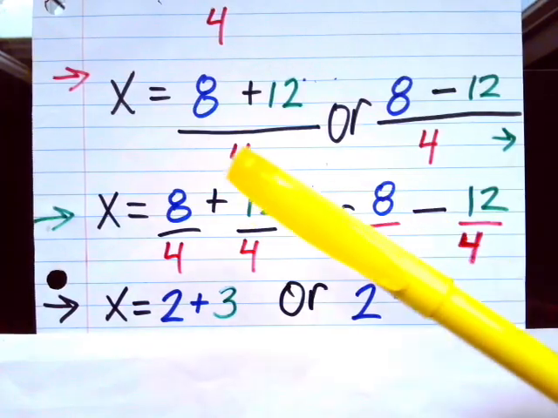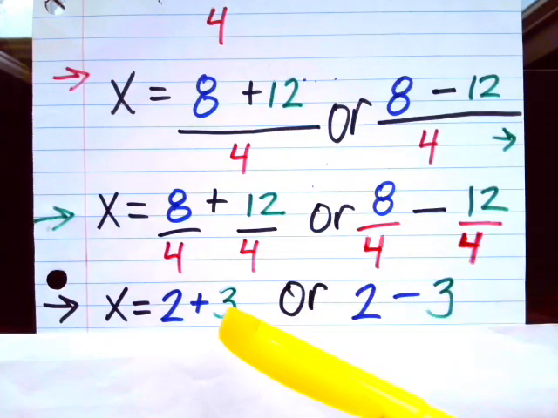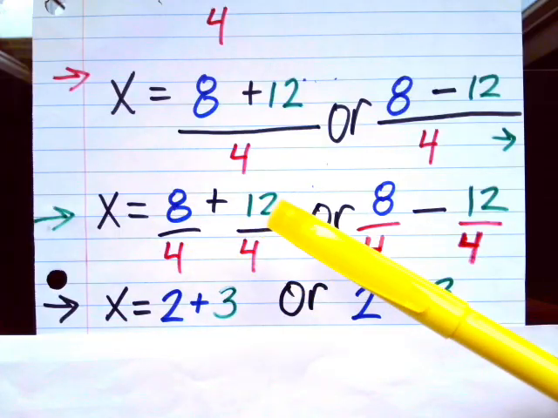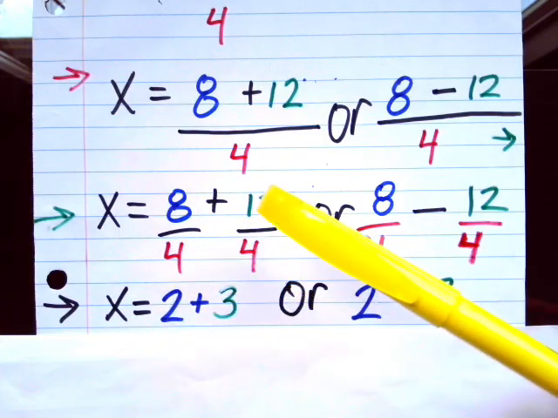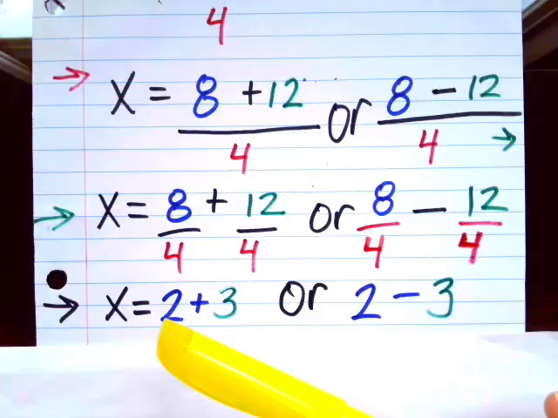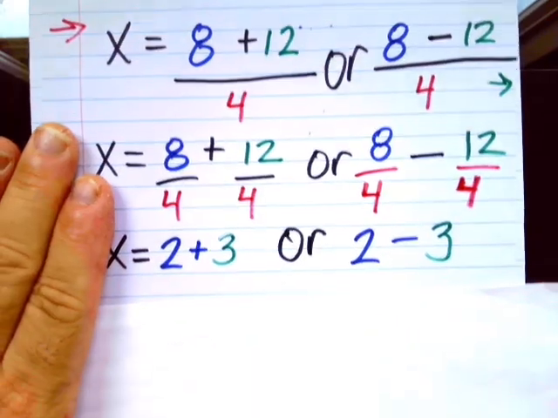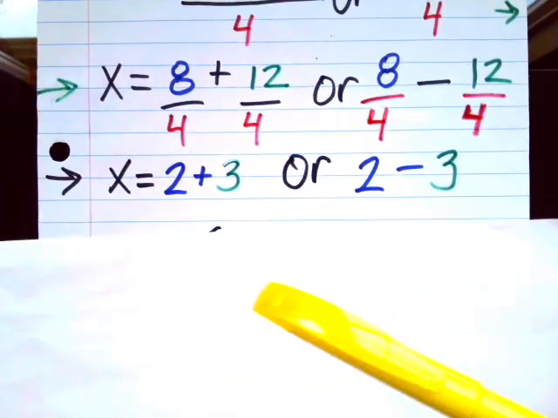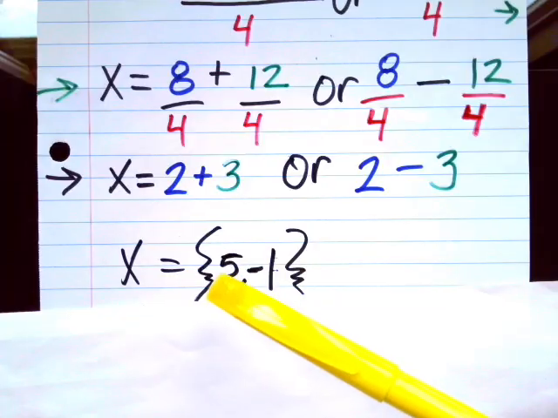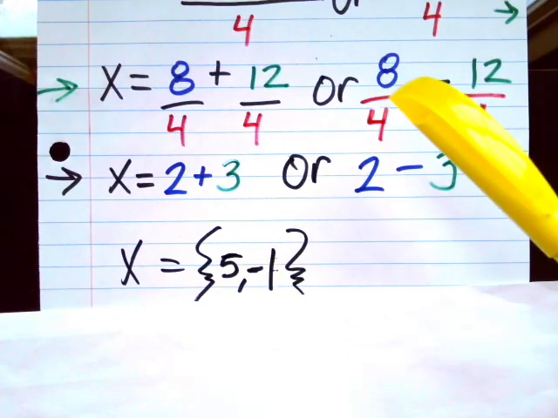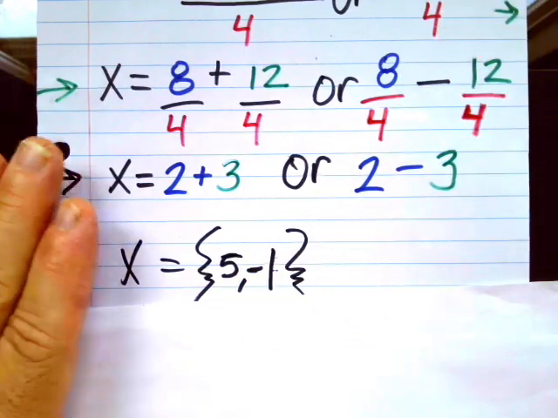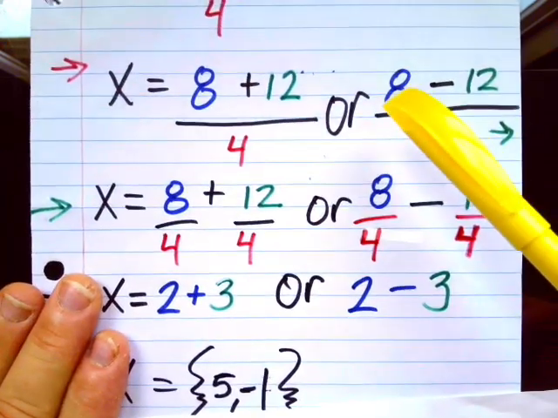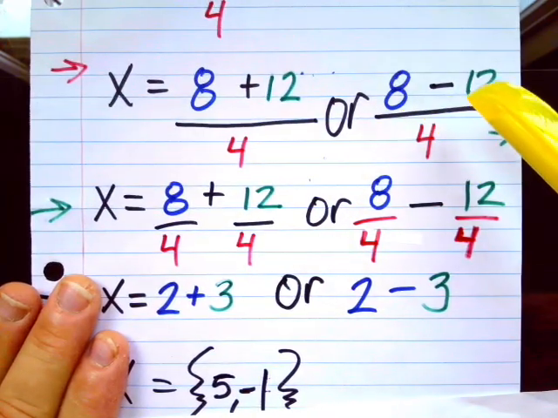And so, like I mentioned up here, 20 divided by 4 is 5, or 8 divided by 4 is 2, plus 12 divided by 4 is 3. What's 2 plus 3? It's 5. I'm showing you that here, 5. And then before, I showed you 8 plus a negative 12 is negative 4.